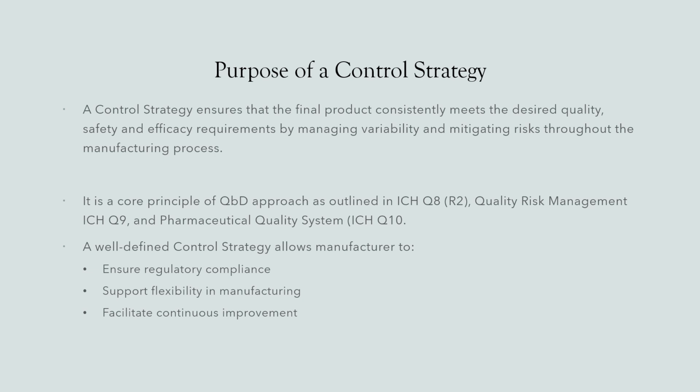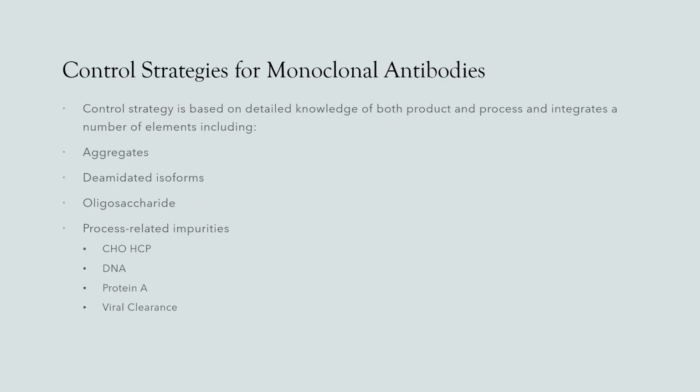It means that you have more regulatory flexibility, and also you can implement continuous improvement strategies, because you are continually adding data to that design space based upon process performance data, based upon data on your drug product. So you continually improve and can make changes to your manufacturing process that result in improvements in quality, and not just remaining stagnant.